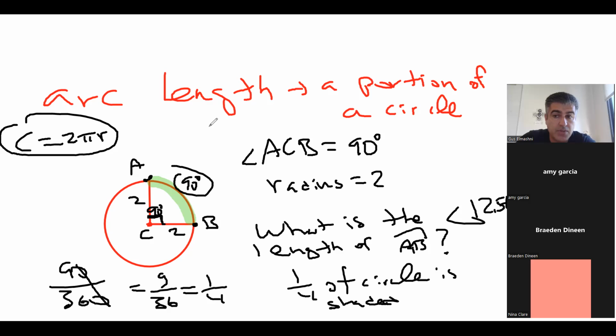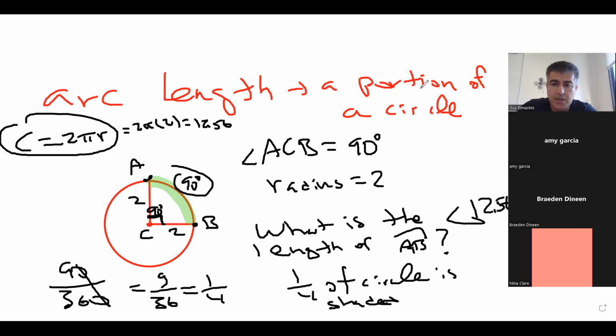And the circumference is 12.56, if you calculate it, right? So all you do is you do 12.56 divided by 4. That's all you do.